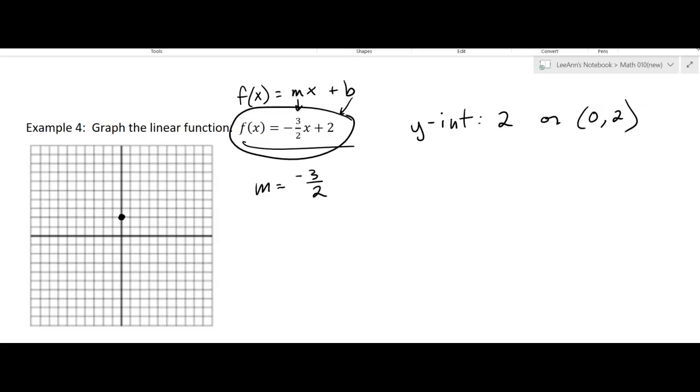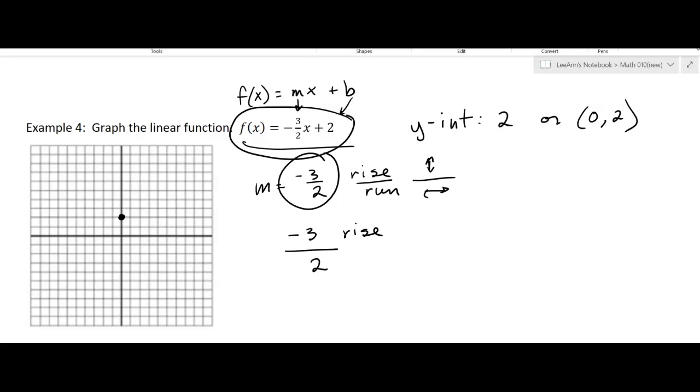The slope, I talked about this, but it's rise. We say it's rise over run. But, you know, it's how much you move vertically over how much you move horizontally. And it depends on if it's positive or negative. So if I look at negative 3 over 2, I can think of that as a rise of negative 3 and a run of 2.